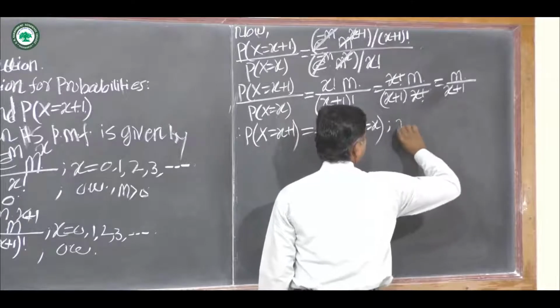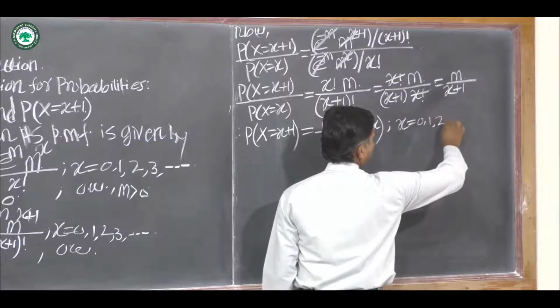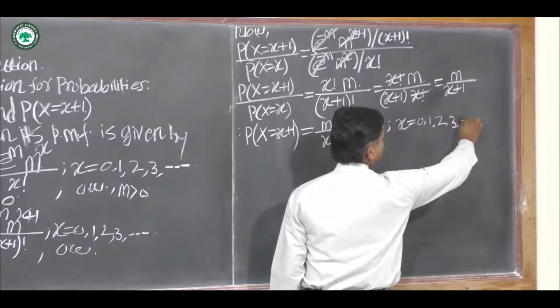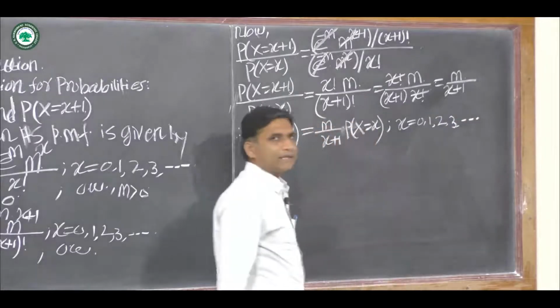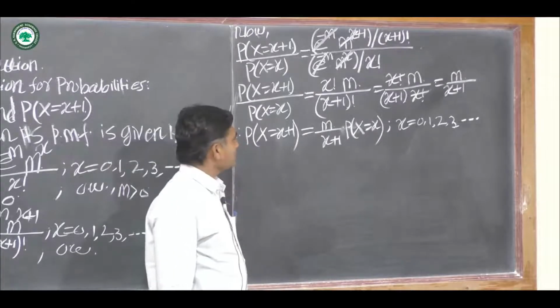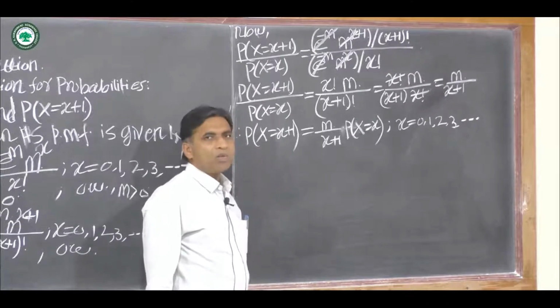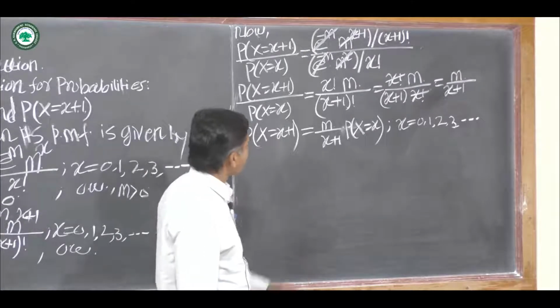Here x takes values 0, 1, 2, 3, and so on. This is the recurrence relation for probabilities of Poisson distribution.